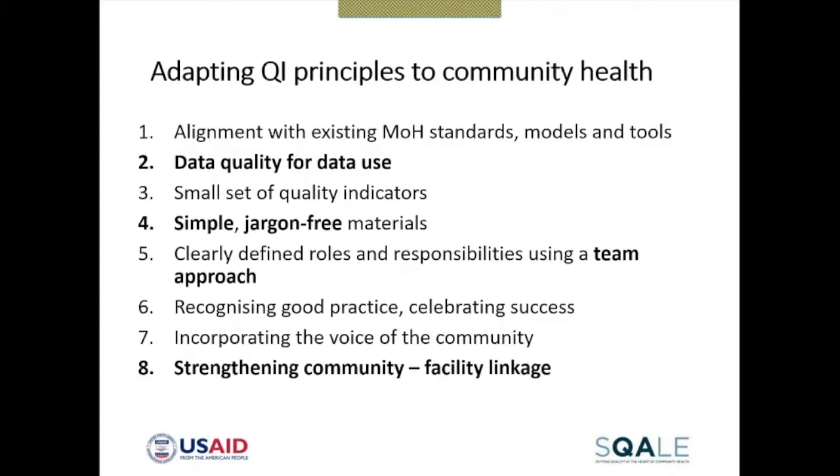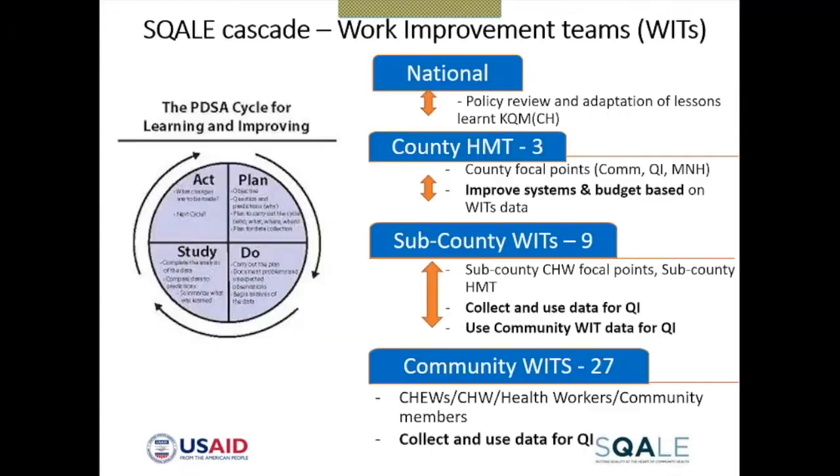And having good teams and forming teams and being able to improve the team approaches as we went along. We also really focused on strengthening community facility linkage, which we knew has been a challenge in many community health programs, especially in Kenya, where the facilities may not recognize the value or the role that is played by community health programs. So within SQALE, we used a cascaded approach of trying to ensure that we implement the QI approaches as we know them.